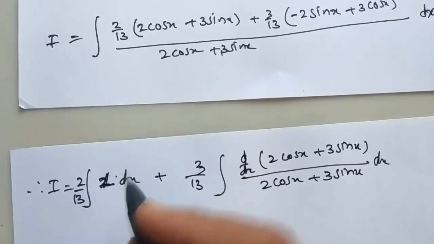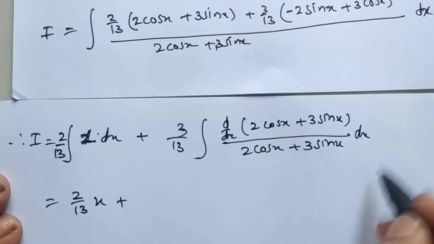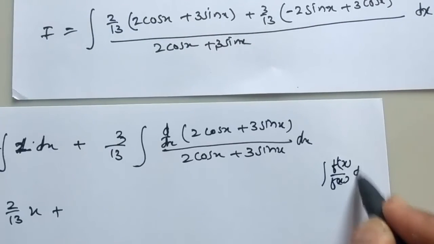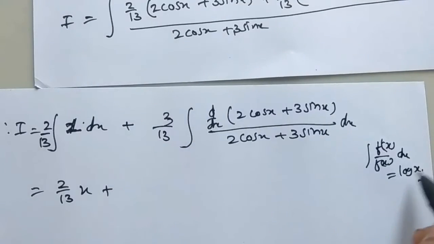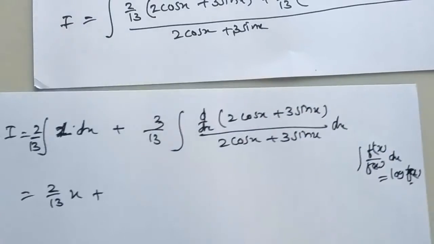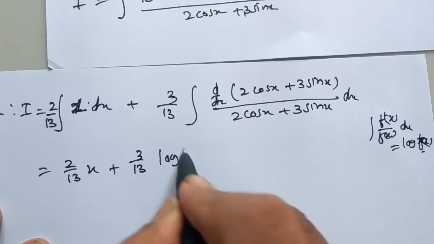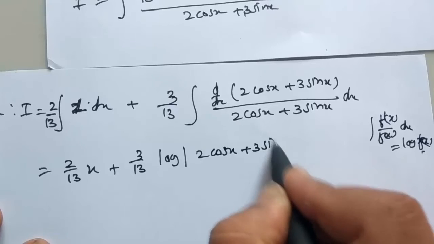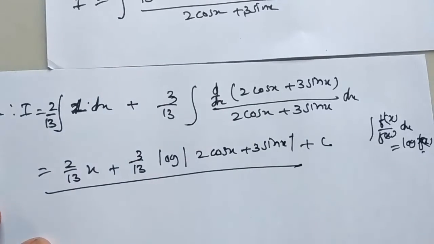Integration of 1 is x, so 2 upon 13 into x, plus this is of the type integration of f dash of x upon f of x dx, which is nothing but log of f of x, and therefore it is 3 upon 13 log of (2 cos x plus 3 sin x) plus some constant. So this is the answer.